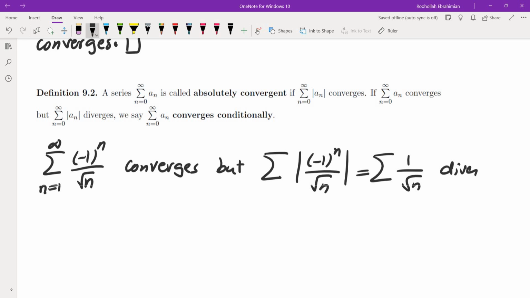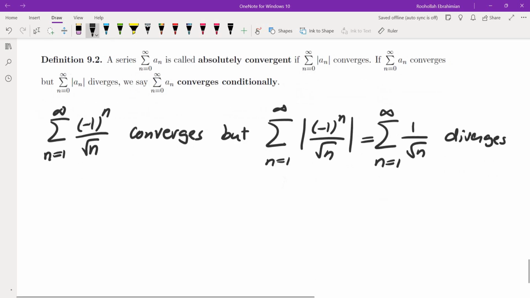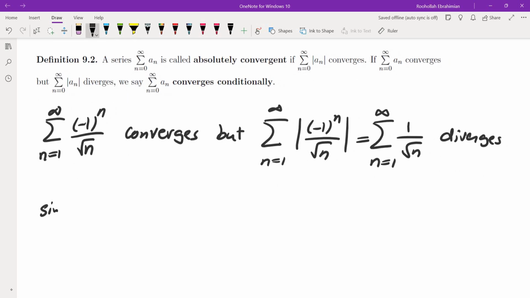This one diverges because it is a p-series, and p is 1/2, which is less than 1.